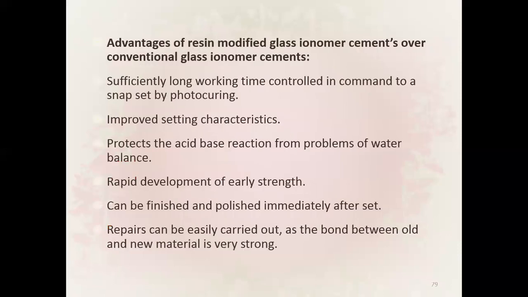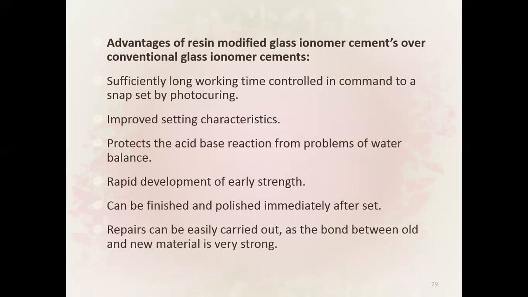Now, the advantages of resin modified glass ionomer cements over conventional glass ionomer cements. Sufficiently long working time with control, on command, to a snap set by photocuring. Improved setting characteristics, which protects the acid-base reaction from the problems of water balance. Rapid development of early strength, so it can be finished and polished immediately after set.